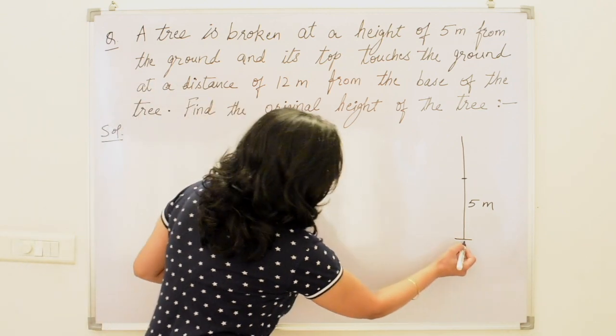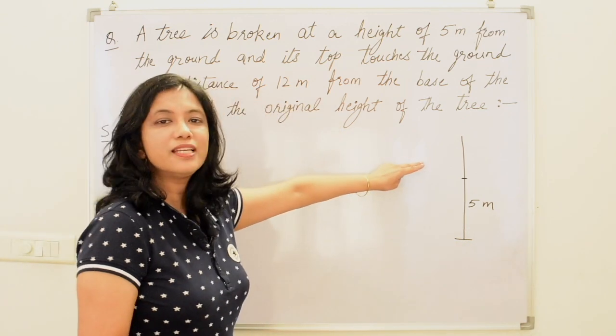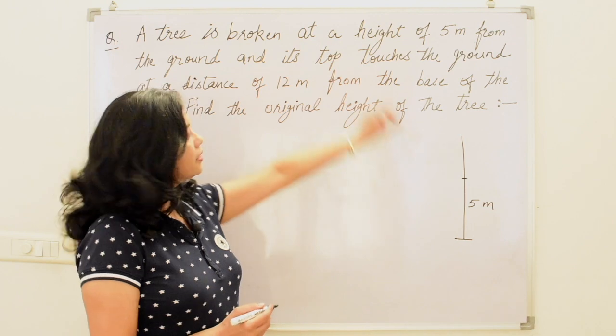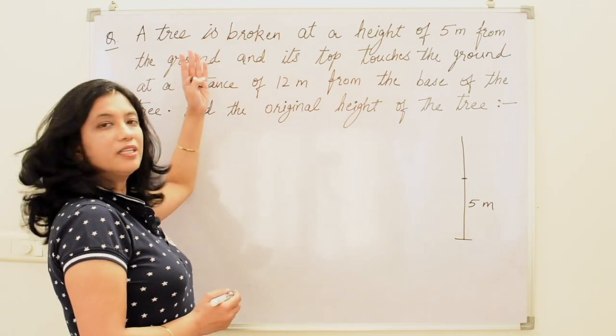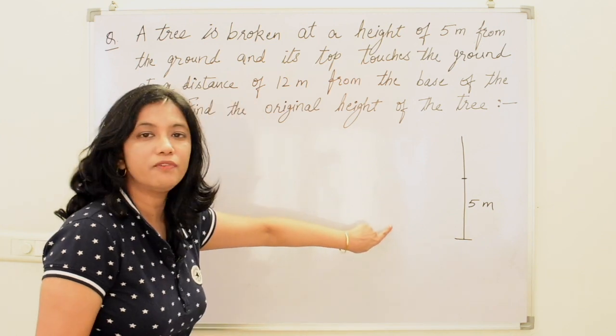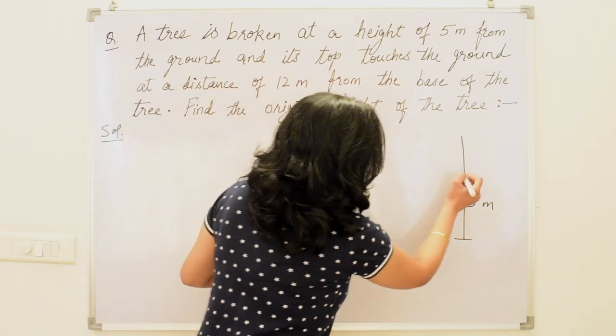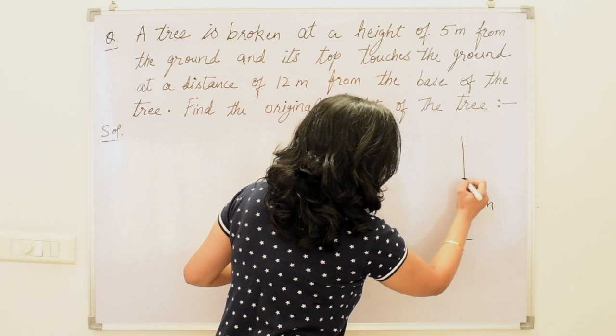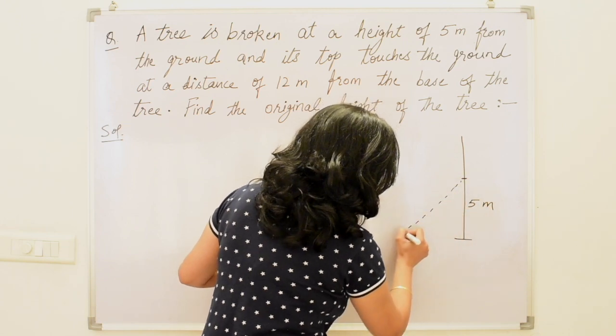Base of the tree is this. Now this tree is broken. This is like this, straight. But now it has broken like this. And it is touching the ground somewhere here. So this tree, it breaks from here and it comes down like this.